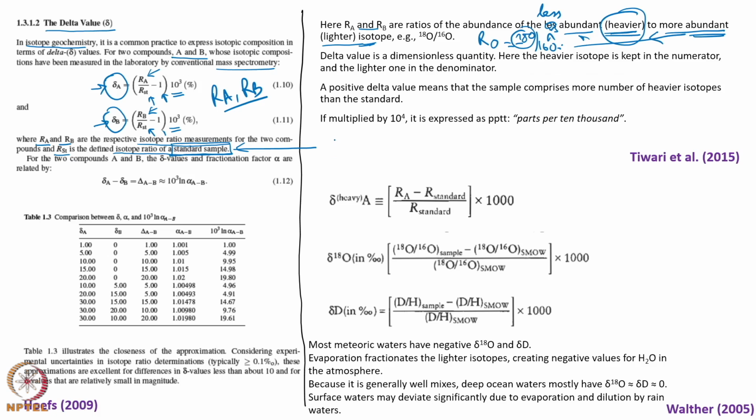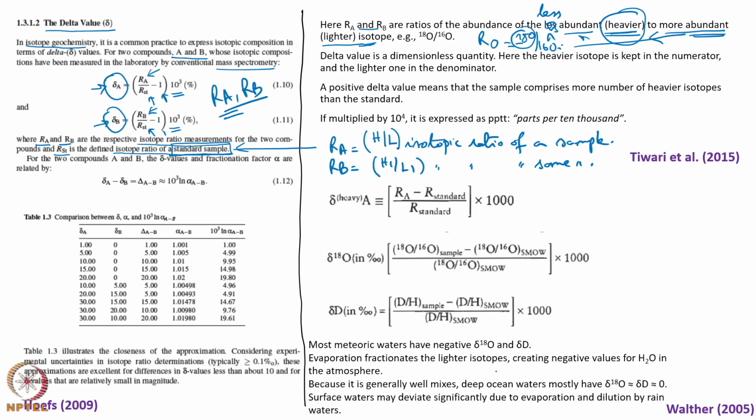Further to explain, R A can be stated as the heavier isotope by the lighter isotope ratio of a sample. Similarly, R B is represented as the heavier isotope by the lighter isotope ratio for some sample, and the R standard is equal to the heavier by the lighter isotope, the same isotopes in a standard sample.